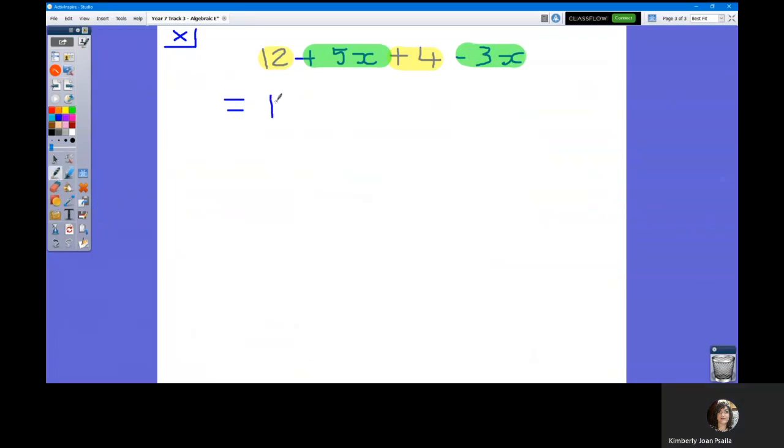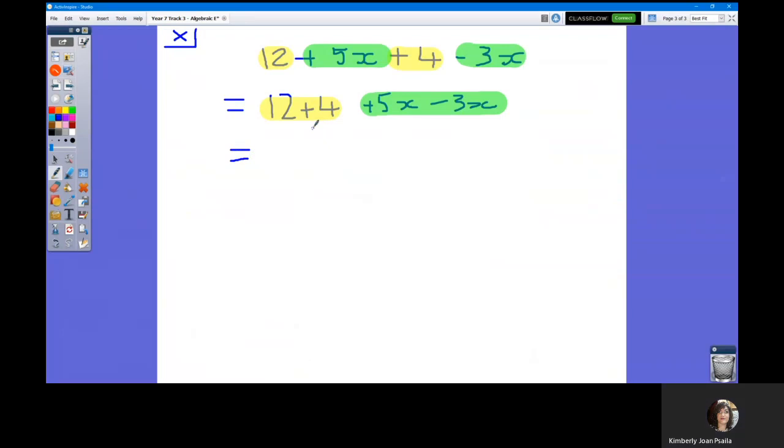Okay, so let's collect the same terms. 12 plus 4, plus 5x minus 3x. Okay, so if you can see here properly, 12 plus 4, they are now together, plus 5x minus 3x, they have been collected as well.